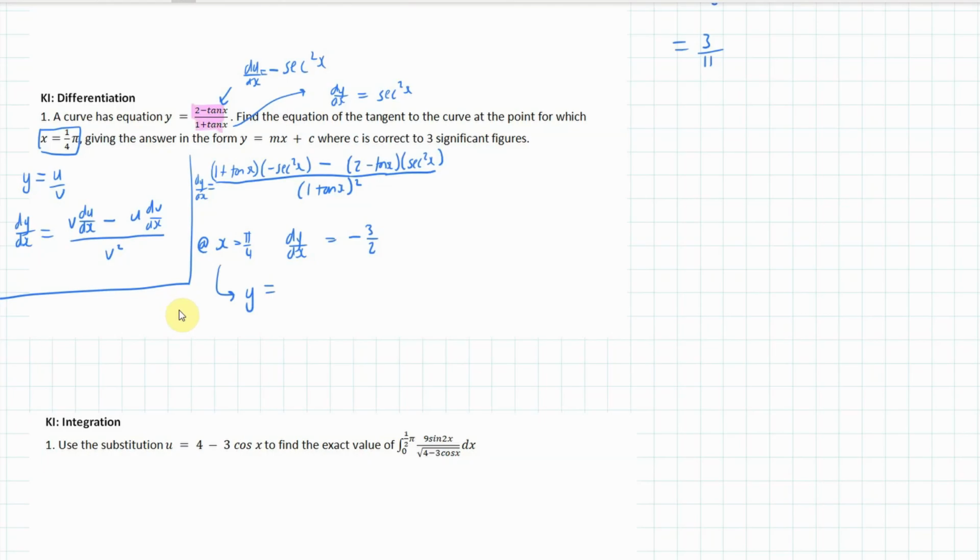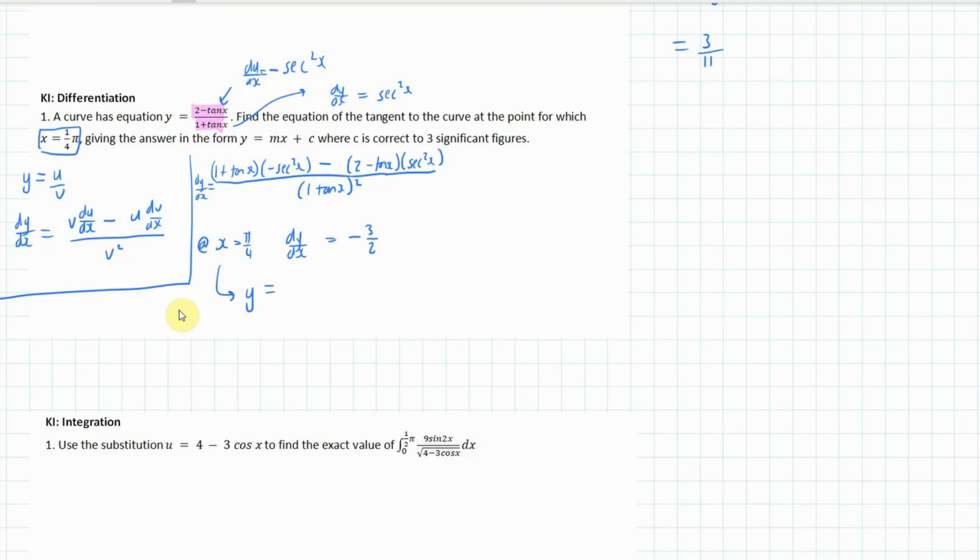I'll just do a quick check on that to make sure I'm on the right track. 2 minus tan pi over 4, and then on the bottom we've got 1 plus tan pi over 4. I mean, again, we could probably do this now.